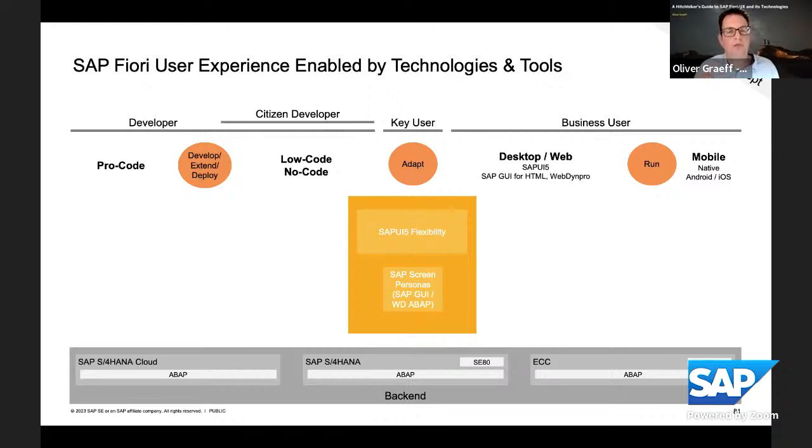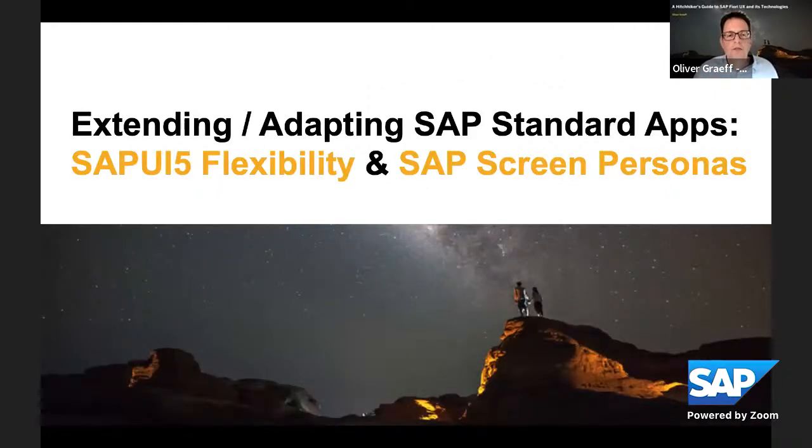You typically don't want to copy the standard SAP application. You don't want to modify it, but you want to add some extensions in a clever way so that they still nicely work with the standard application. So there are two technologies for that here. One is SAP UI5 Flexibility and one is SAP Screen Personas.